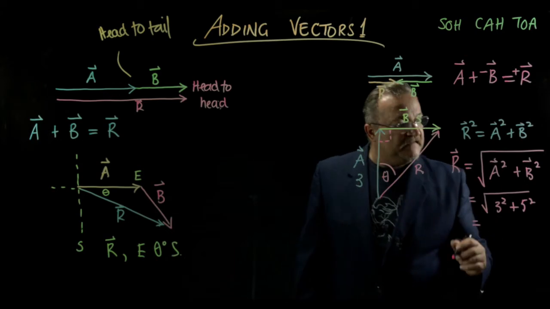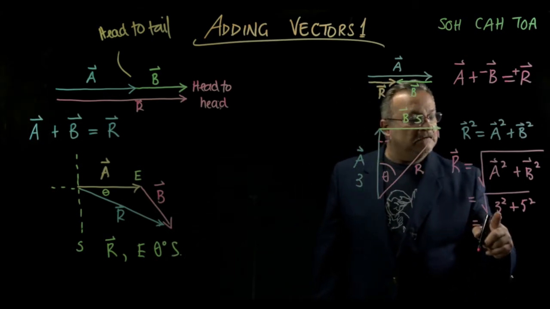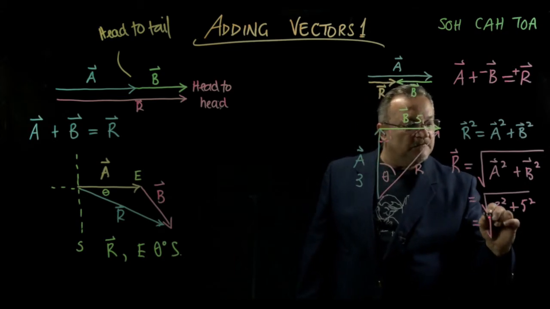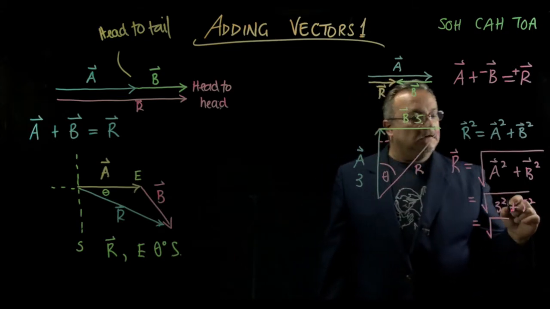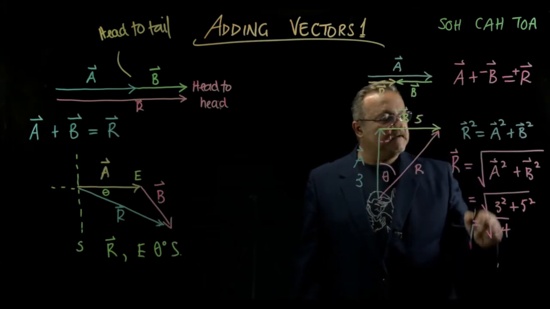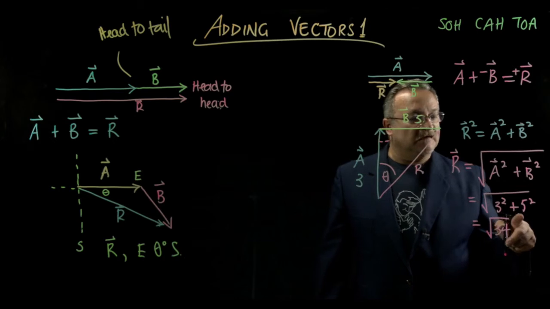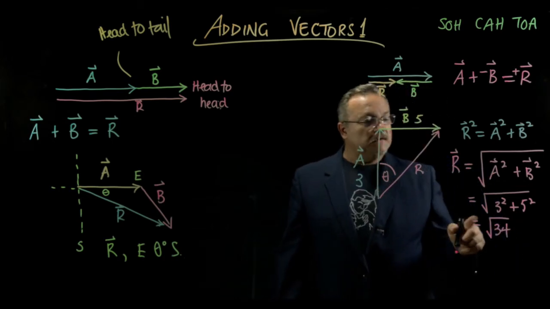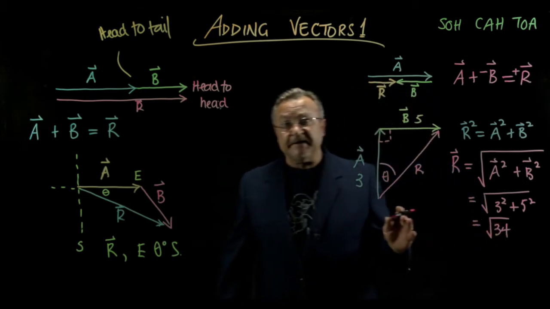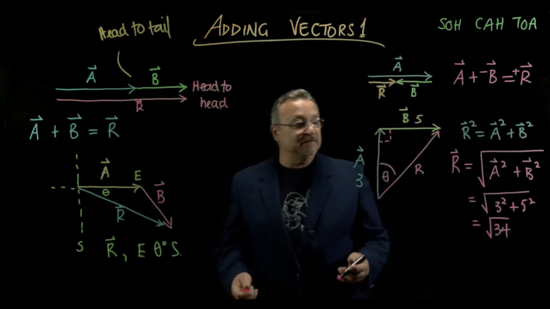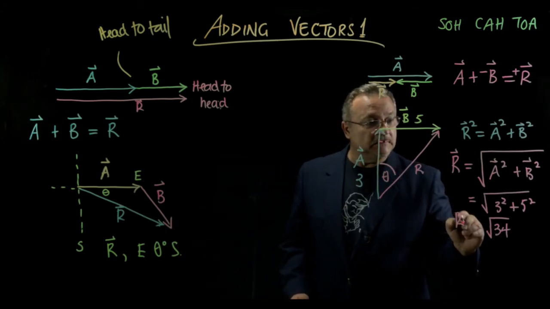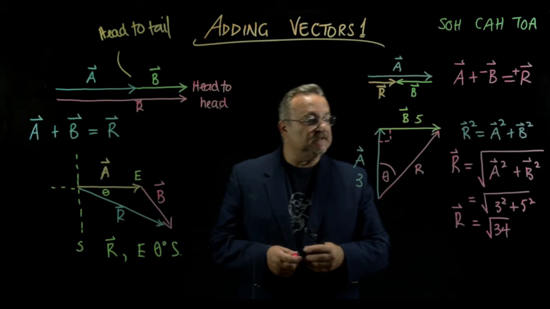And we can simplify that, so we've got 9 plus 25, so we've got the square root of 34. So 3 squared is 9, 9 plus 25 is 34. So this is our answer, root 34. Plug it into your calculator and it will give you your result. So that's the magnitude of the resultant.